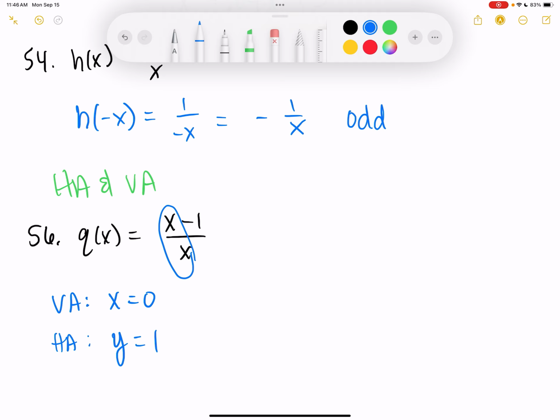It'd be undefined. If it was x minus 1 over 16, there would be no vertical asymptote. Would we put like none? For the vertical? Yeah, if there's not one, you just need to write none. Do we need to explain why? Is it just implied? No.